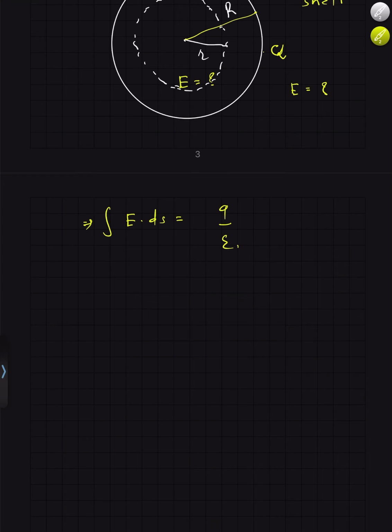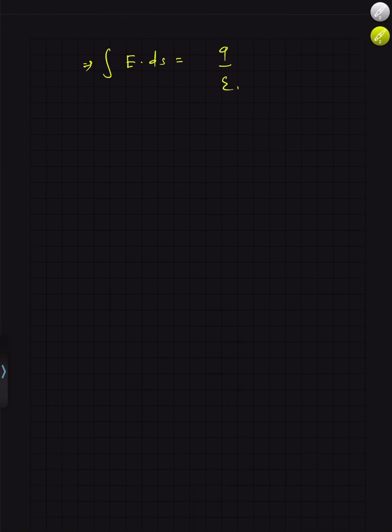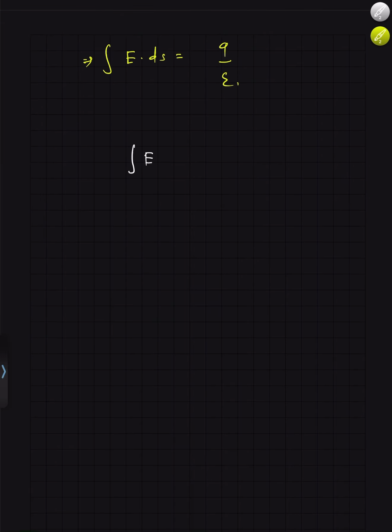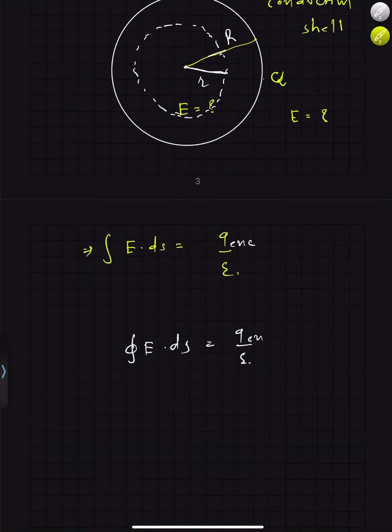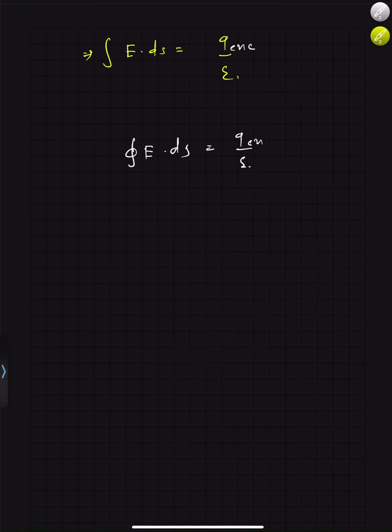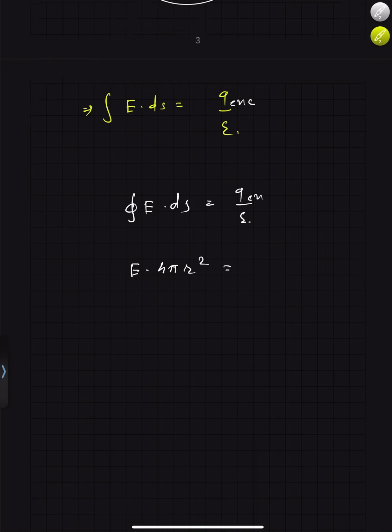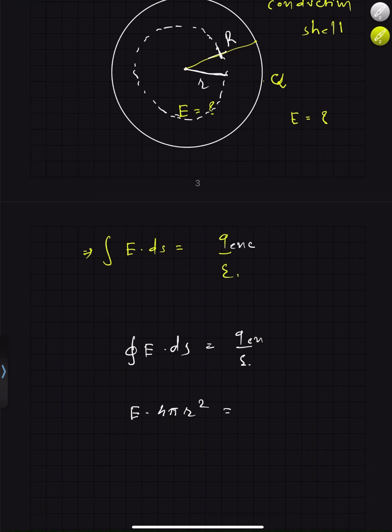Now for the spherical surface with radius small r, E dot ds is equal to q enclosed divided by epsilon naught. As we know, the electric field is perpendicular to the surface, so the surface integral gives 4 pi r square times E. But what is the total charge enclosed in this surface?